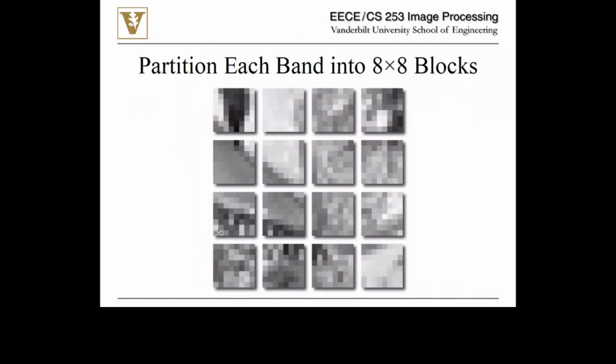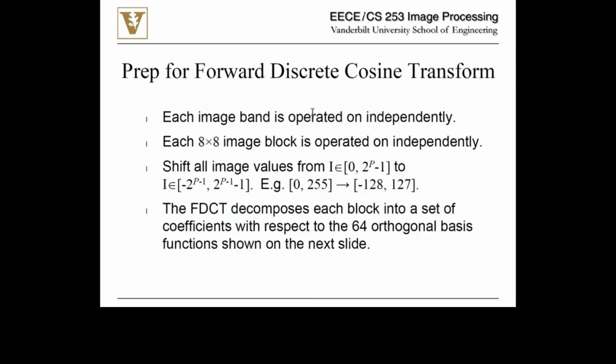Okay, then you divide the image into blocks of size 8 times 8. So you divide your input image into 8 times 8 pixel blocks. And then you shift all the image values from 0 to 255 to be centered at 0.